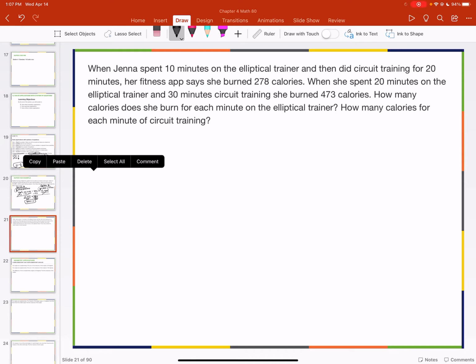So we have a number of how many calories for circuit training. So we need to set those as our variables. So let x equal number of calories burned per minute using the elliptical trainer.